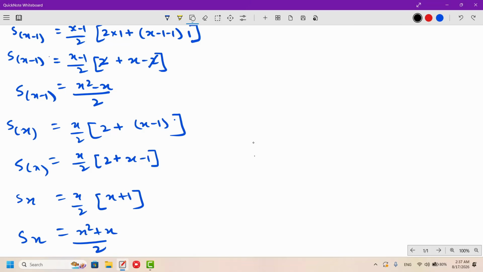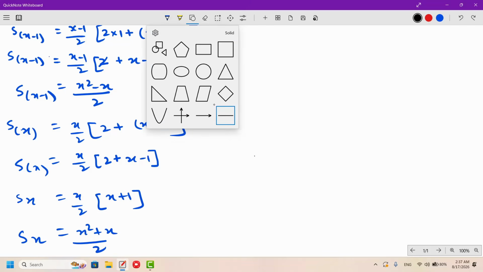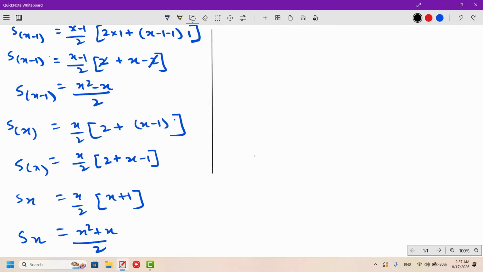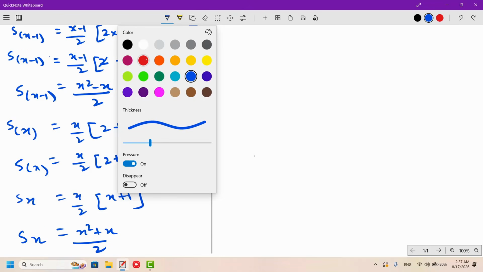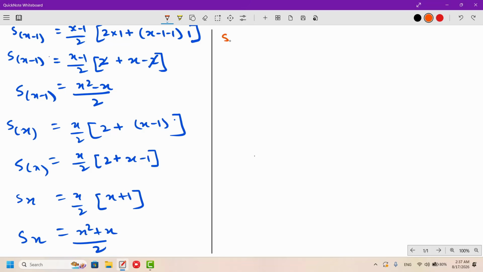Now putting the values we found, we will put the value here in equation number 1. What was equation number 1? Equation number 1 says that S49 minus Sx equals S(x minus 1).